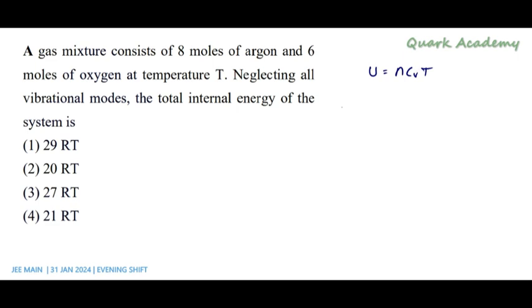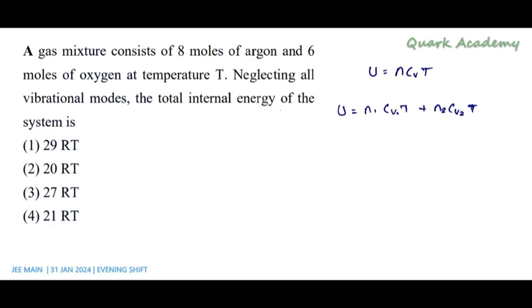Since we have two gases, the total internal energy we can write like this: N1 CV1 T plus N2 CV2 into T. So here the main task is to find the CV1, CV2 for the gas argon and oxygen.